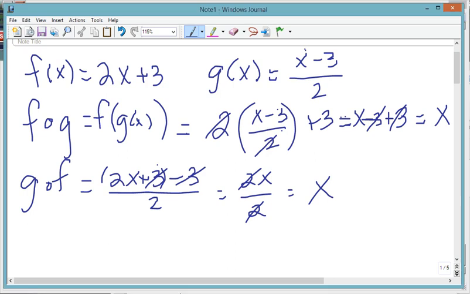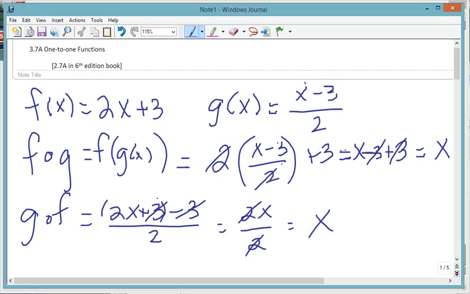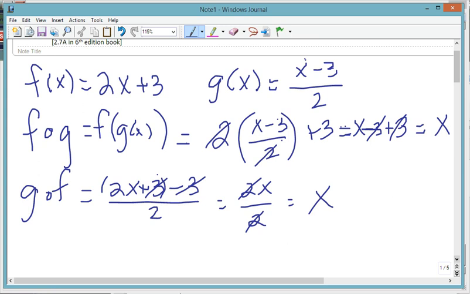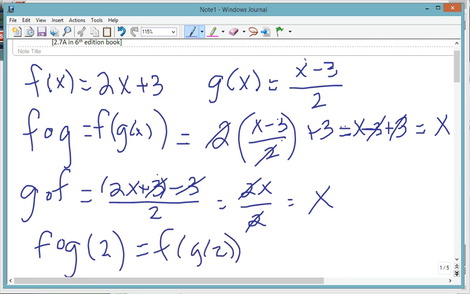Suppose I do f composed with g of 2. Well, what that would mean is I plug 2 into my g equation, right? So I'd be looking for g of 2, so g of 2 would be 2 minus 3 over 2, so that would be negative 1/2.